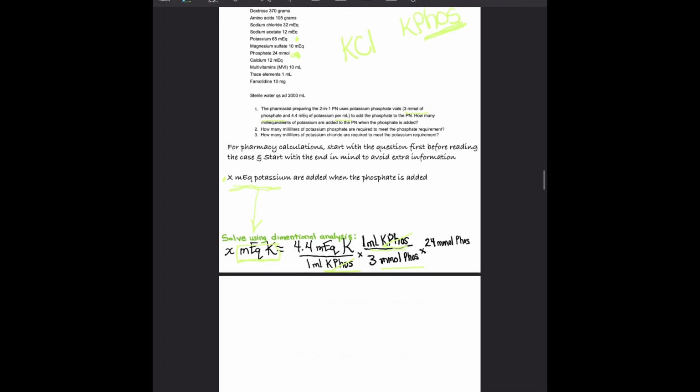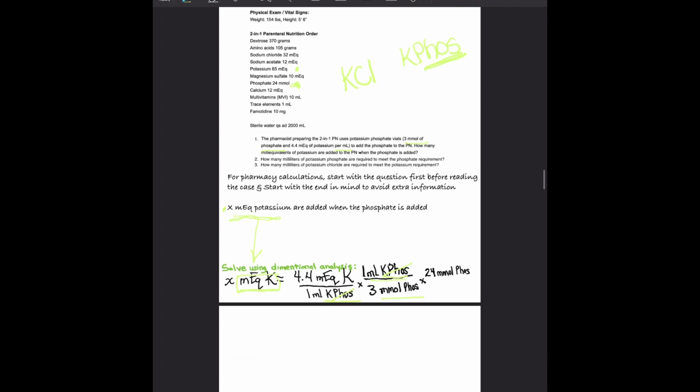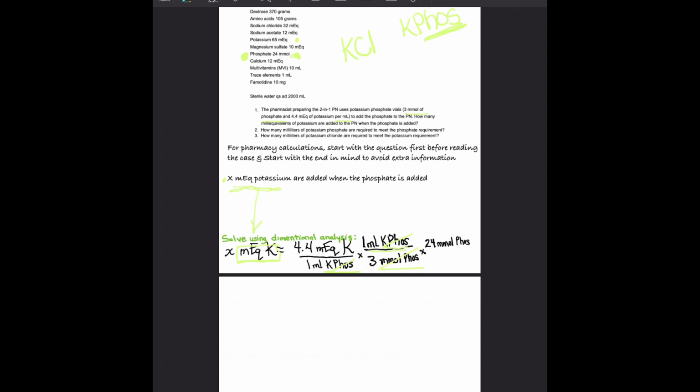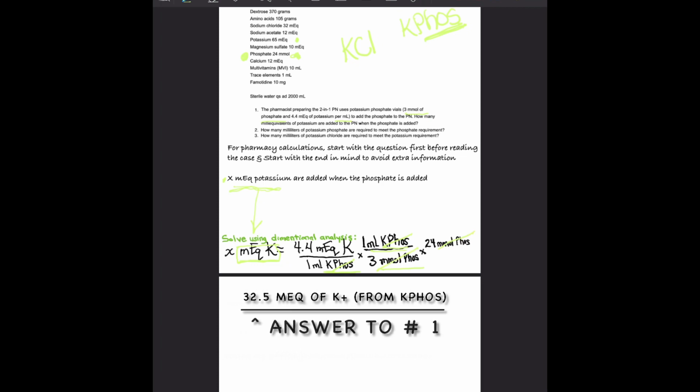How do I get rid of my phosphate? Well, it's going to take me back to my requirement of phosphate, the 24 millimoles of phosphate. I can then cross out millimoles phos, and multiply all the numerators, divide all the denominators, and I come up with my answer: 32.5 milliequivalents of potassium from potassium phosphate.